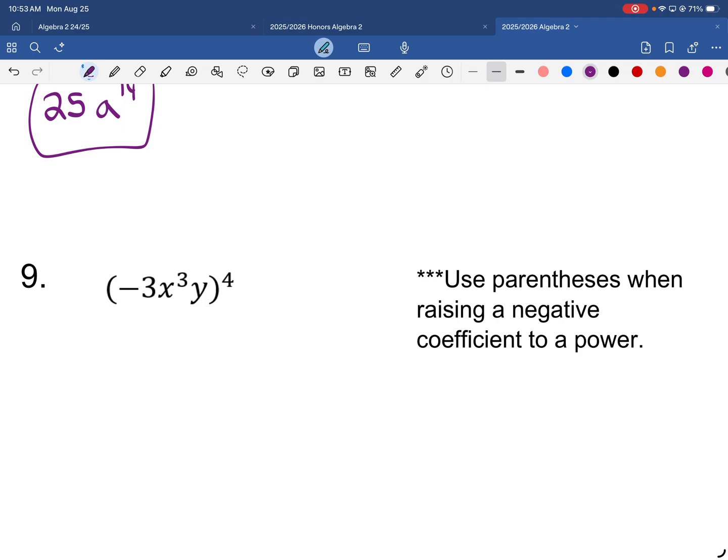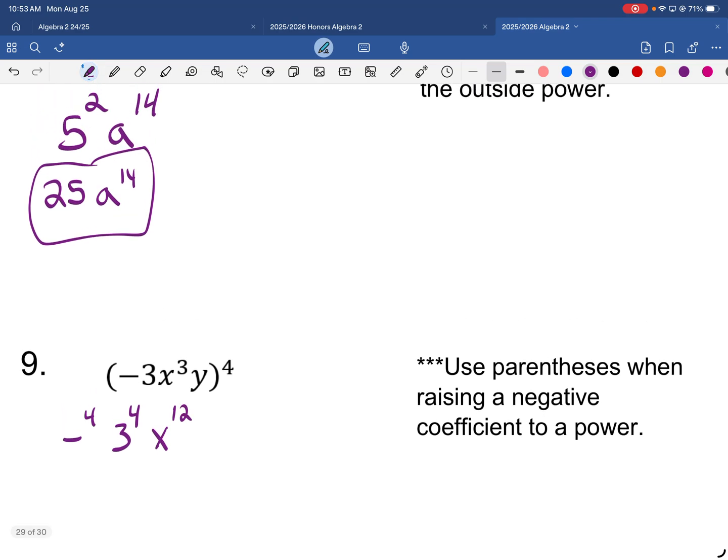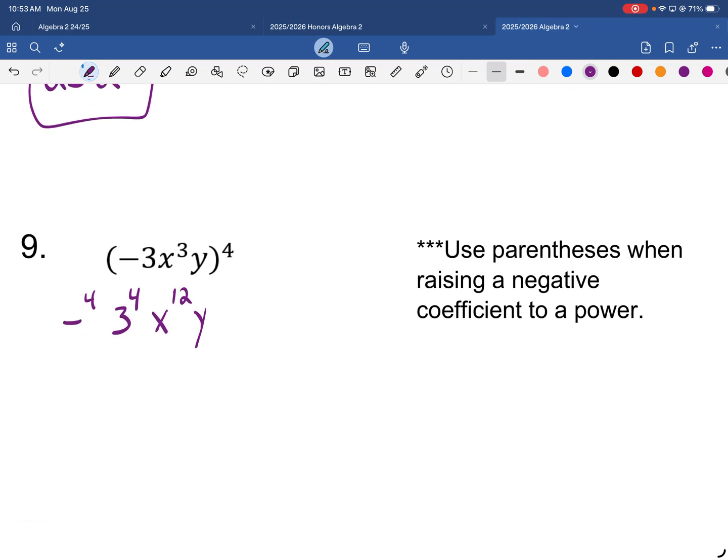You have to take the negative part of it to the coefficient as well. So really, what you could think about it is it's negative to the 4th, 3 to the 4th. Exponents we just multiply. 3 times 4 is 12. 4 times 1 is 4.